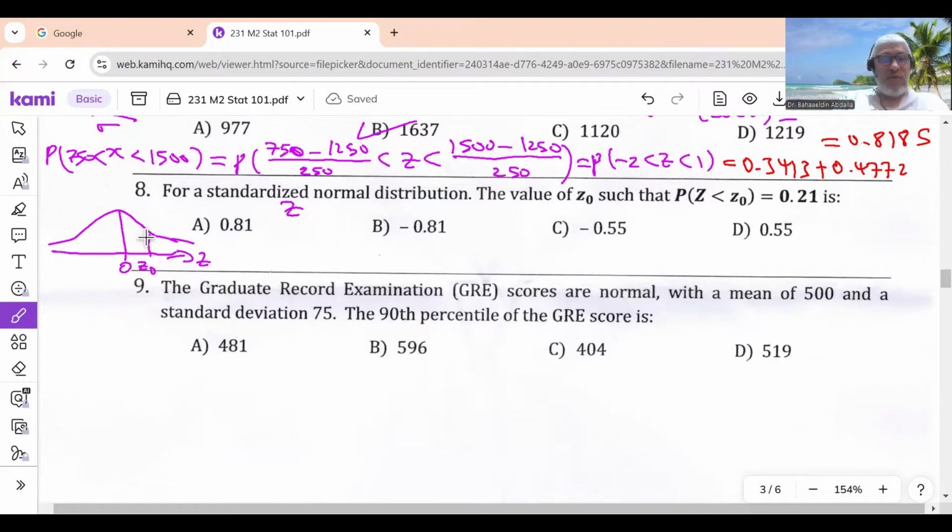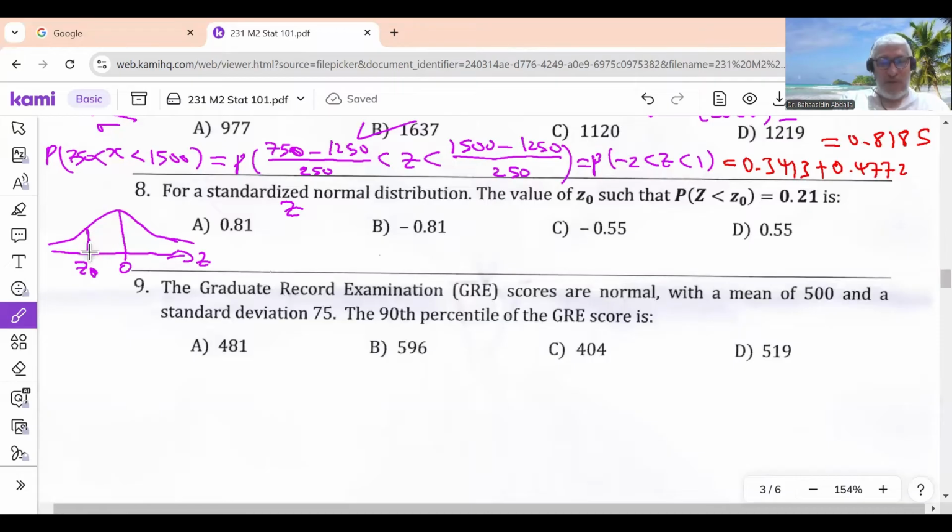What is the area to the left of Z0? All of this area is to the left of Z0. Could it be 0.21? No, because this area alone is 0.5. This is more than half, so it's around 0.7. It can't be 0.21. So if you understand this, you will understand that Z0 cannot be to the right of 0. Z0 has to be here.